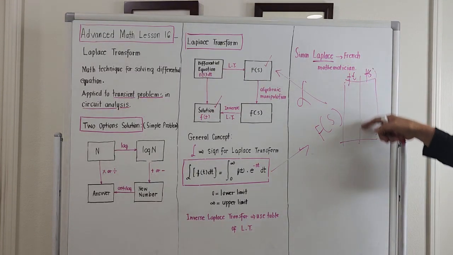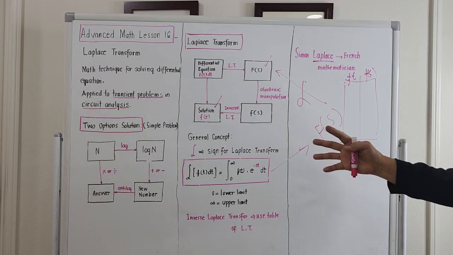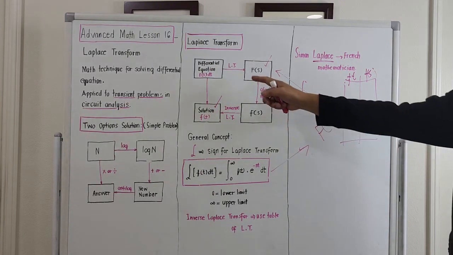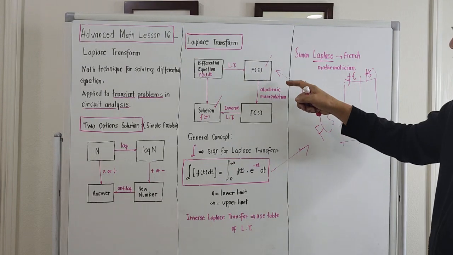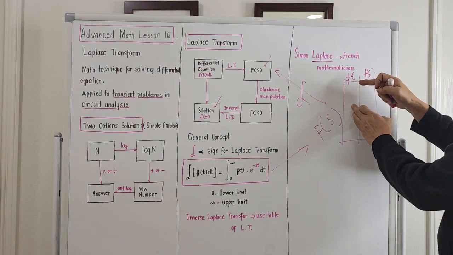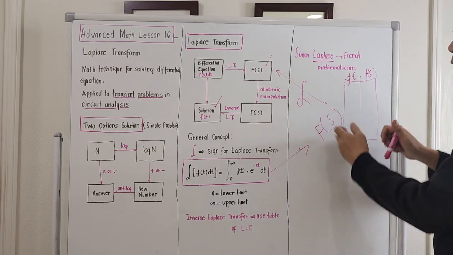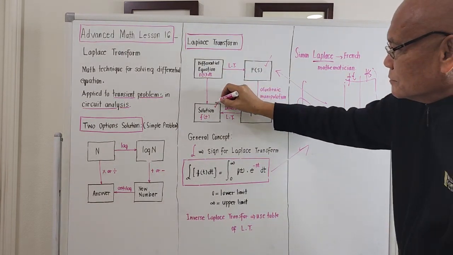Without knowing the table, you cannot bring out the solution. Because after taking the Laplace transform, you just use algebraic manipulation, then go back to the table, and whatever you look up from the table will be your final solution.